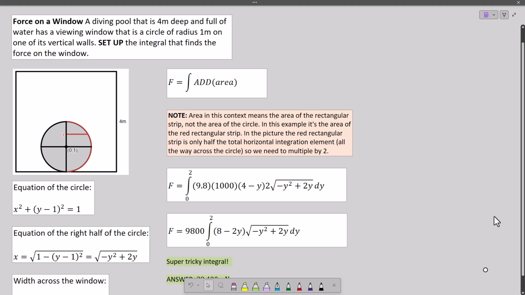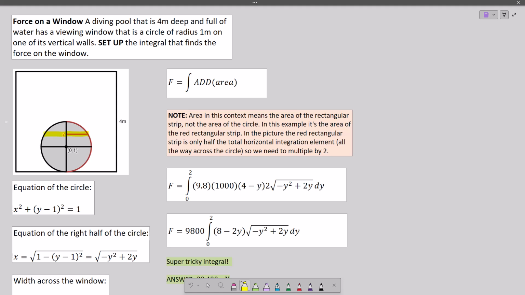So we are dealing with force. So that's our acronym. ADD area is our acronym for force. For work, ADD volume. Force, ADD area. Once again, I put a note here. Area is not the area of the window. It's going to be the area of the full strip all the way across.